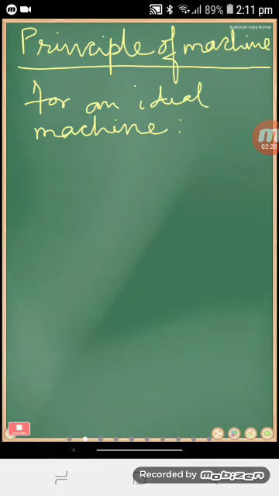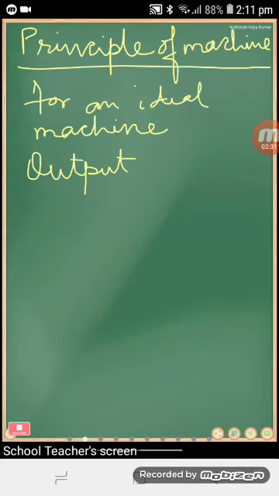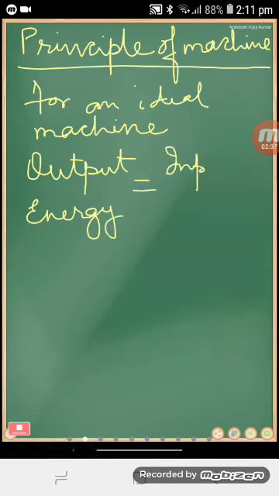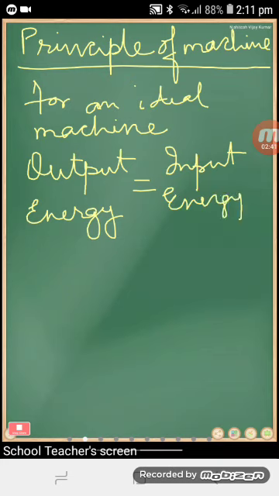we say that energy output or output energy should be equal to input energy. All right. So whatever energy has been input onto the machine, the same I should get as an output.